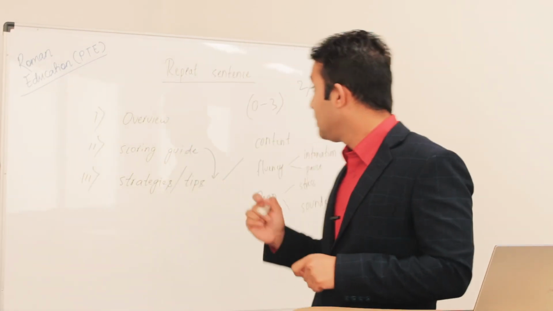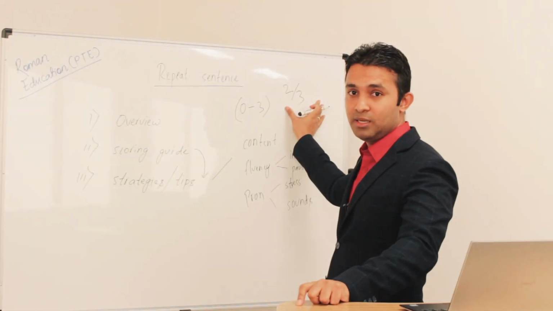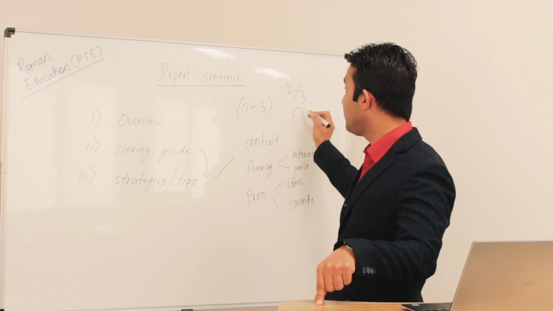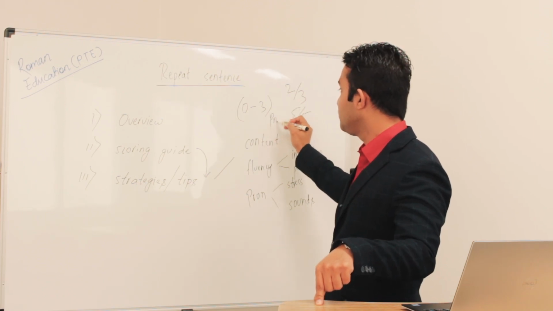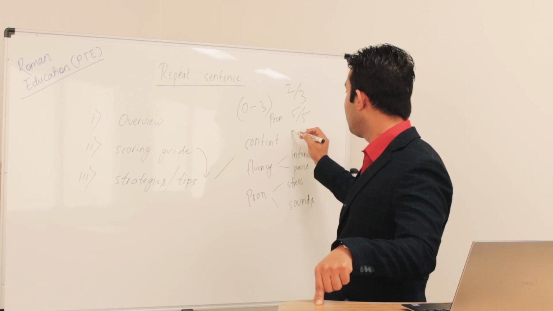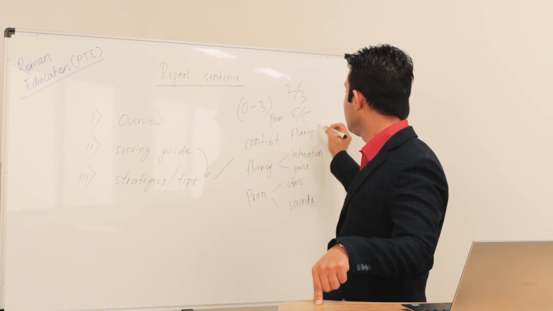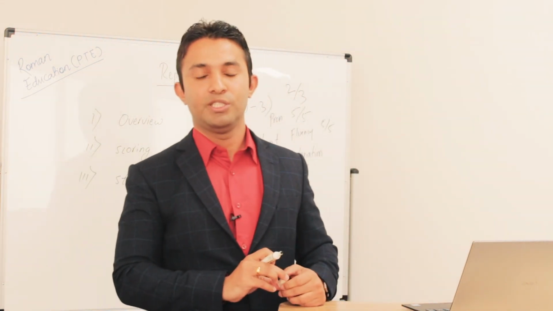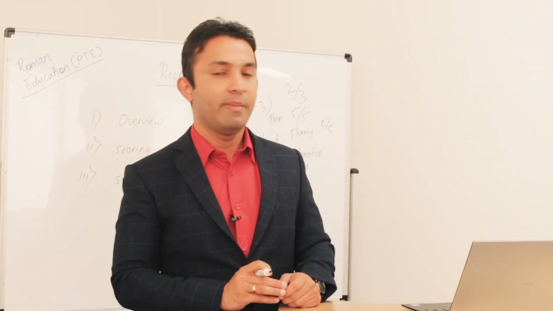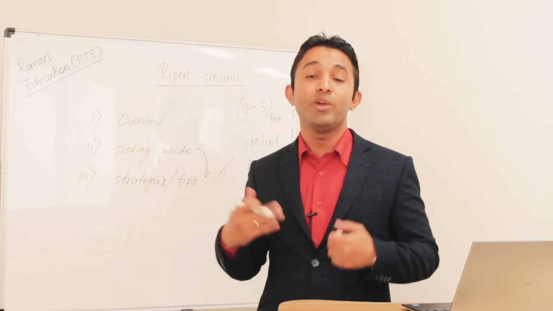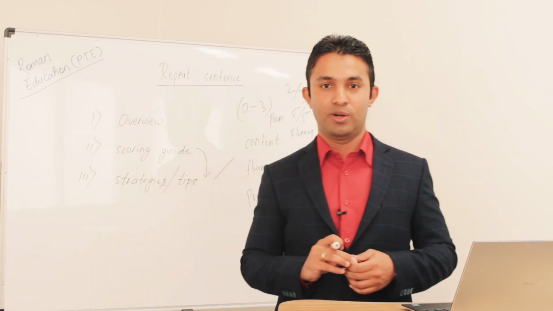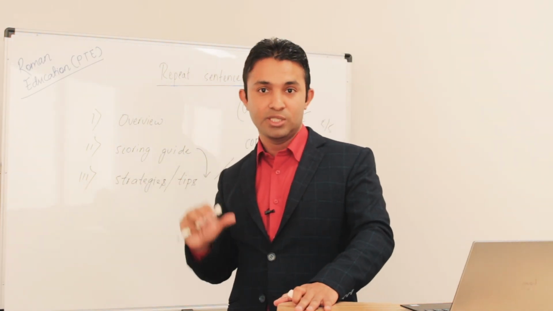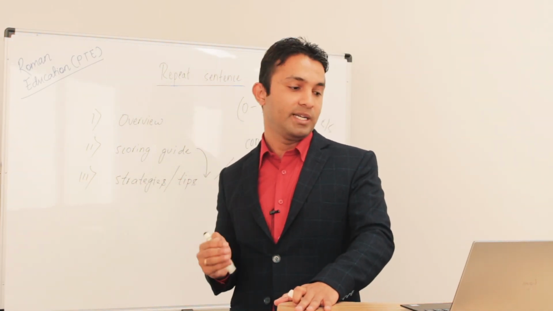That means even if you repeat half of the sentence, which enables you to get 2 out of 3, you will still get 5 out of 5 for pronunciation and another 5 out of 5 for fluency, which means your score will be 12 points out of a possible 13. That means you've done amazingly well. That's how we can boost our score, and the purpose of the tips and strategies we're discussing today is to maximize our scoring potential.